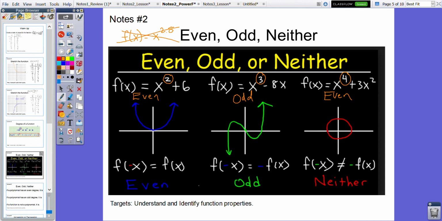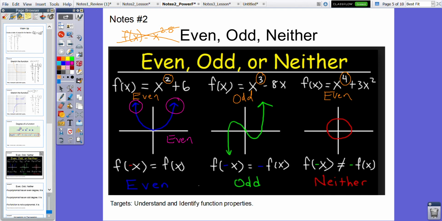Okay. Another way we could tell if a function's odd, even, or neither is looking at its end behavior. I'm going to use pink right here, or I guess that's magenta, so to say. But for right now, let's take a look at the end behavior. That means looking all the way to the right, all the way to the left. If the end behavior for a graph is the same, both up or both down like this, that makes it an even function. Okay.